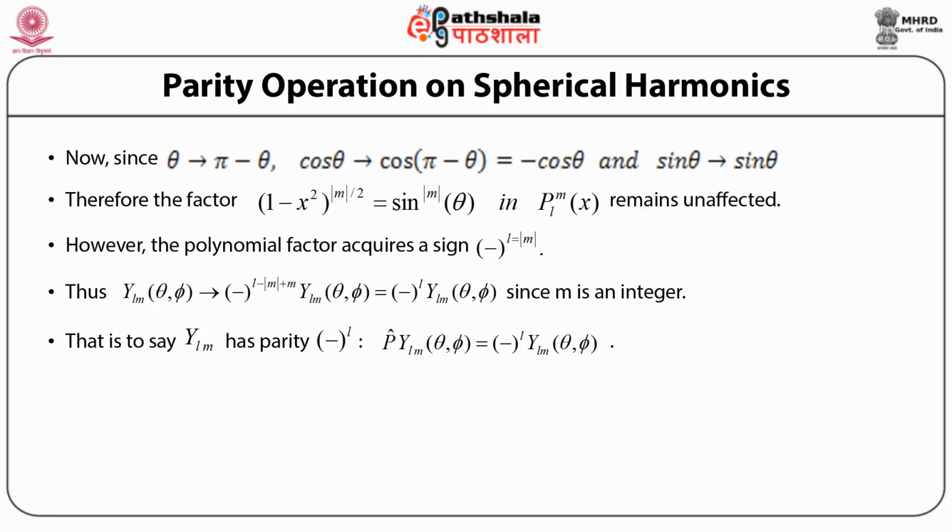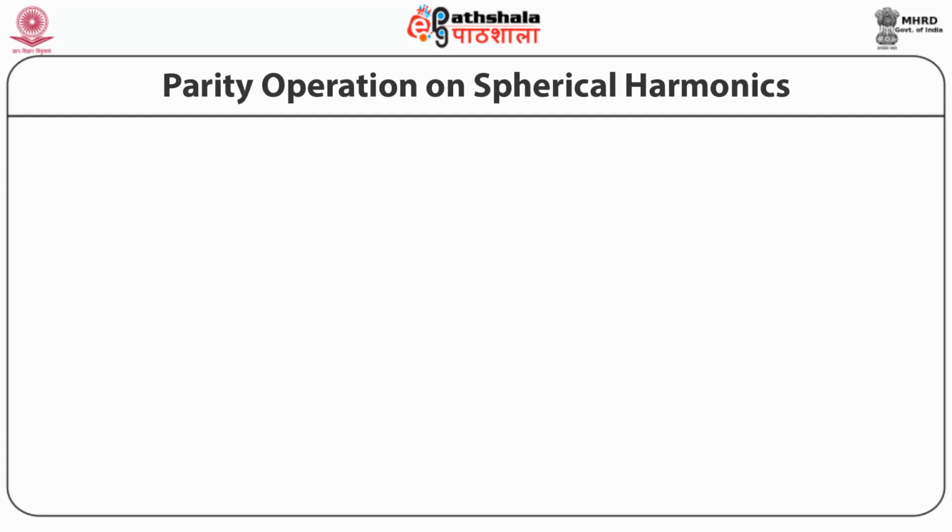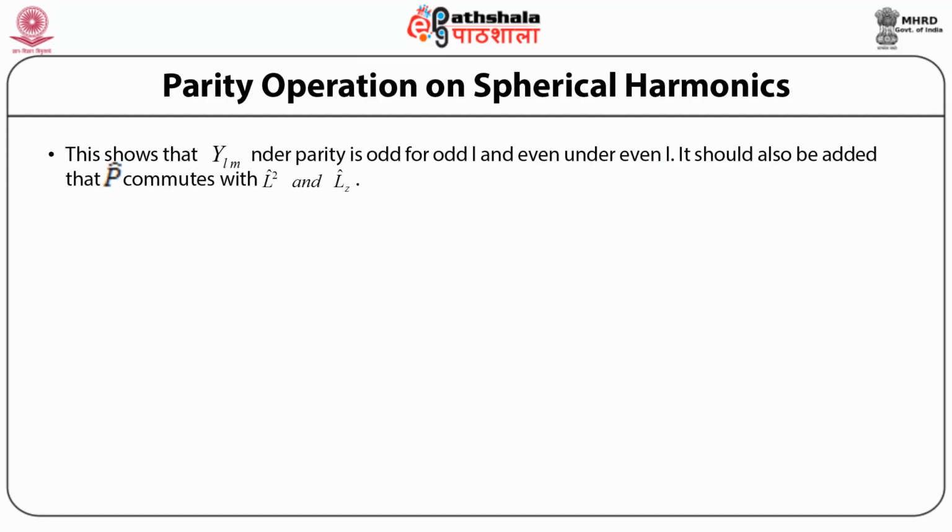So we have the operator P acting on Y_lm(θ, φ) is equal to (−1)^l Y_lm(θ, φ). This shows that Y_lm under parity is odd for odd l and even for even l. It should also be added that operator P commutes with operator L² and operator L_z. In fact, it commutes with all the components of operator L.